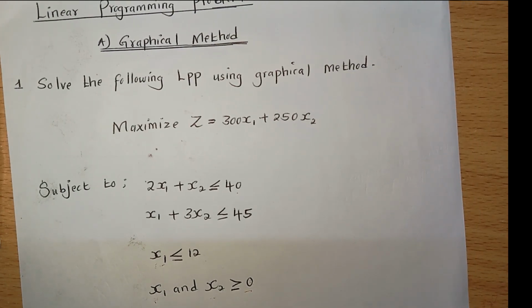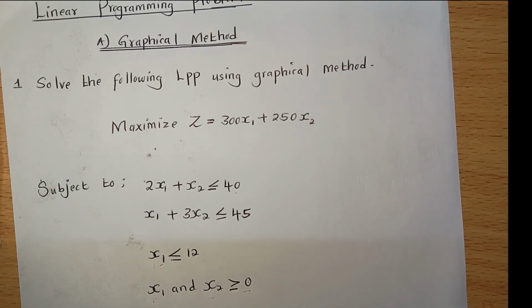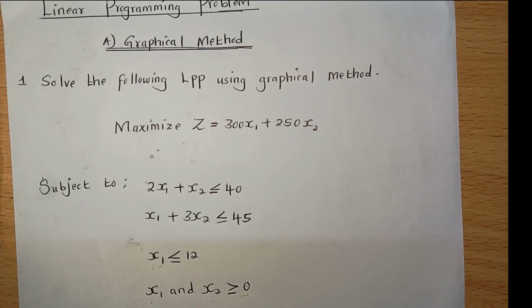So for us to be able to solve this linear programming problem using the graphical method, we have been given the constraint functions. This is the first one, the second one, and this is the third one.